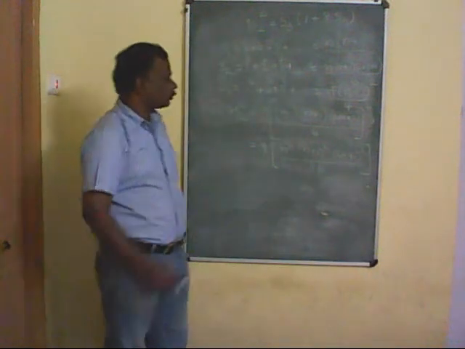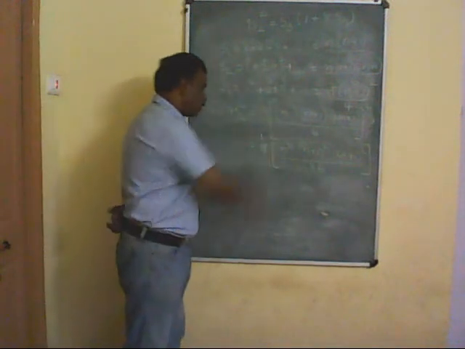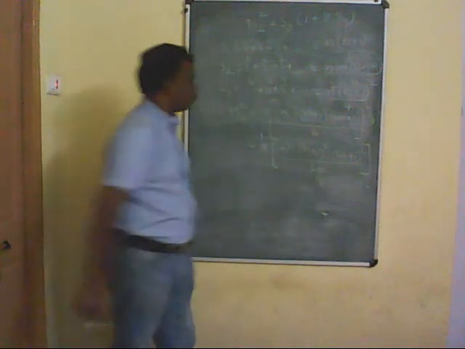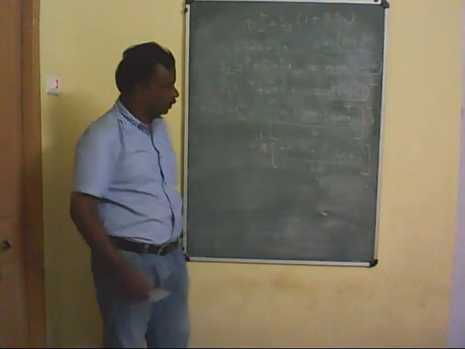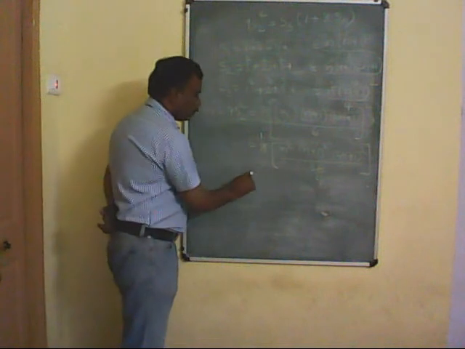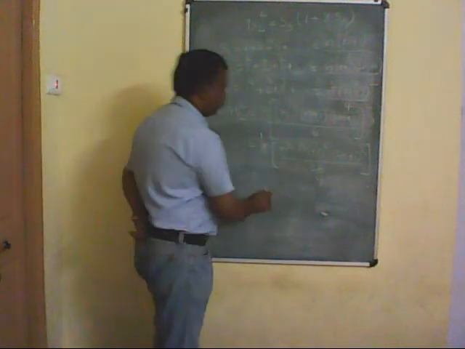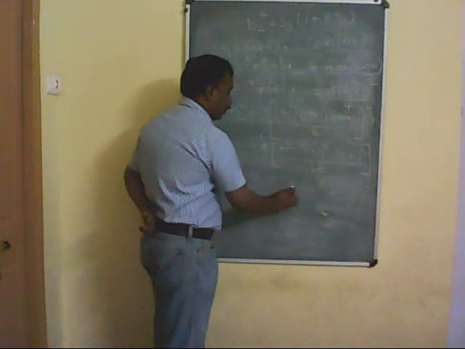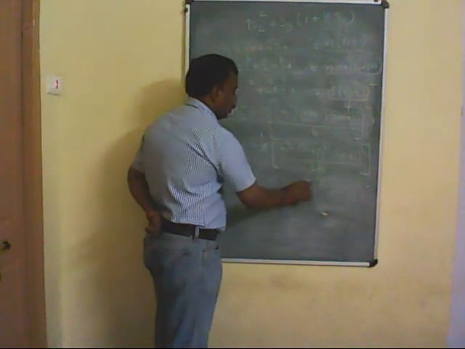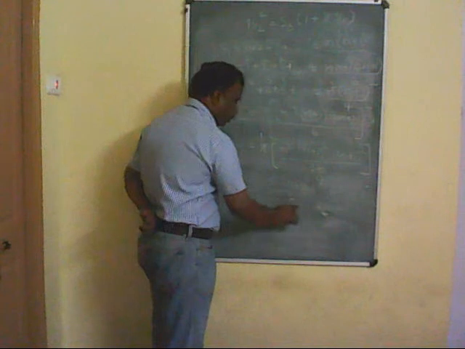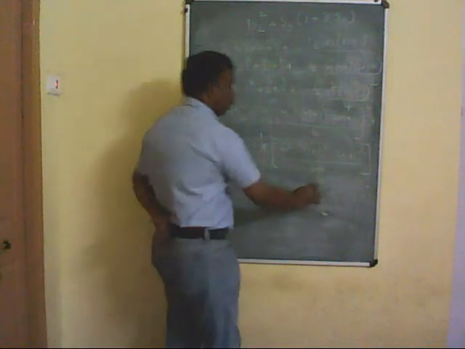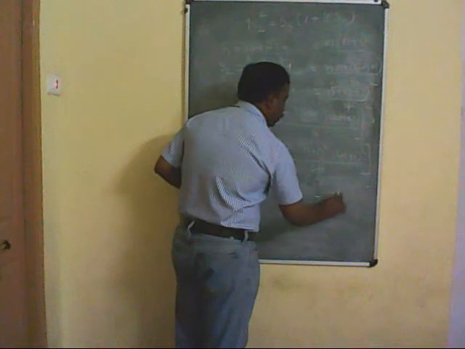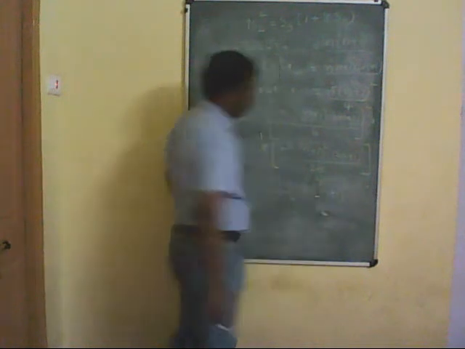So we cancel: 9 ones are 9 and 9 fours are 36. Alright. And then we are left with n square into n plus 1 whole square by 4 into 2n plus 1 whole square.